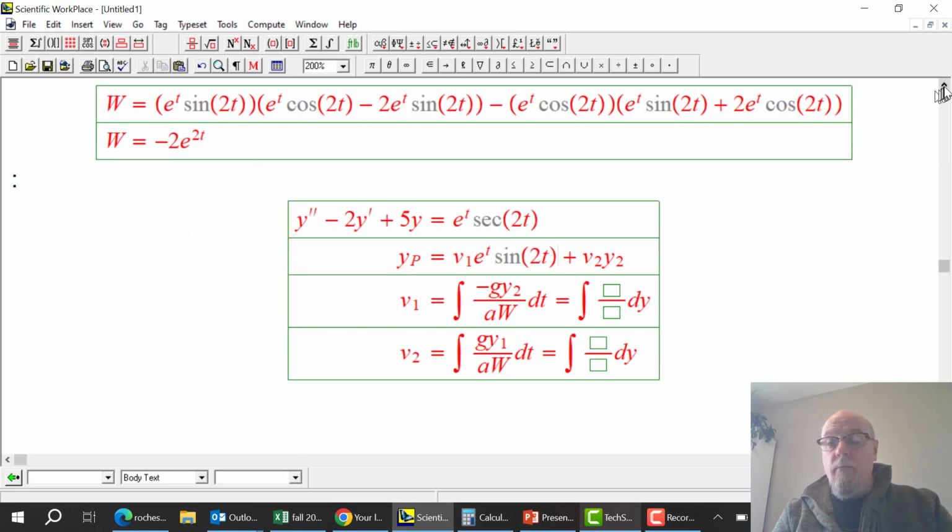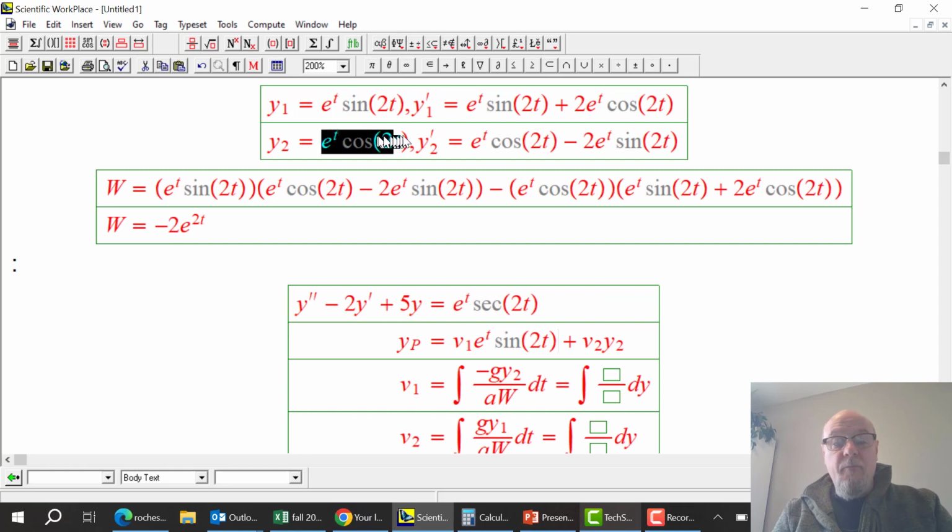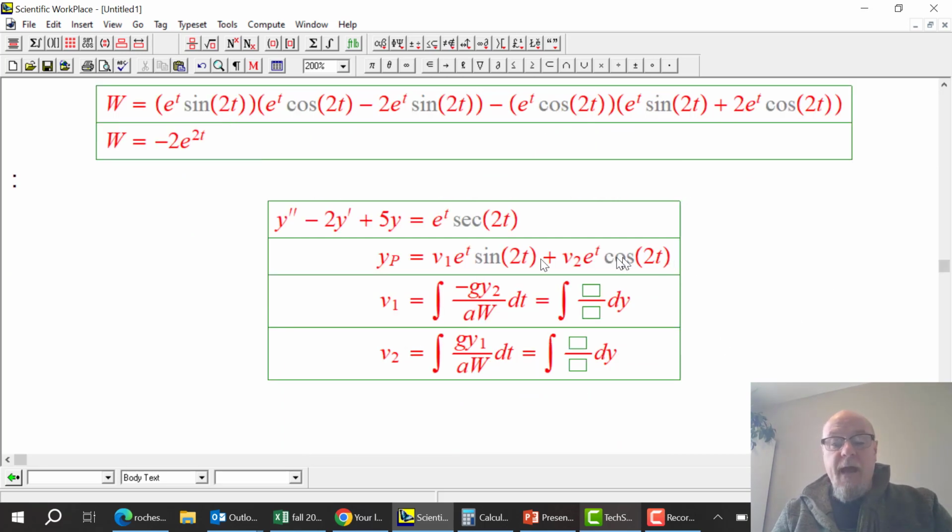Our y2, that would be this piece here. If your y1 is my y2, it won't matter. The math will switch the v1 and v2 around. So we'll get the same answer. So we already have the y1 and y2. We just need the v's.